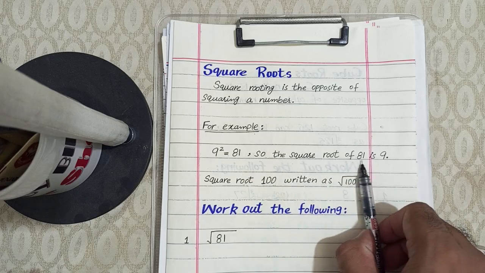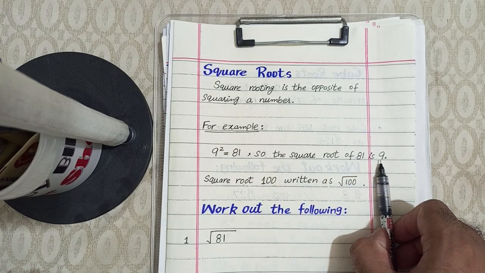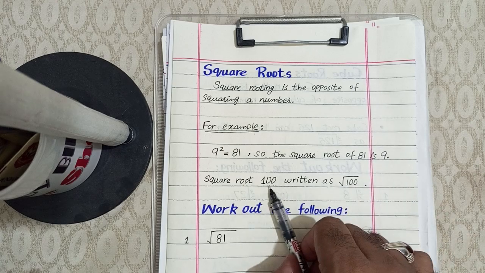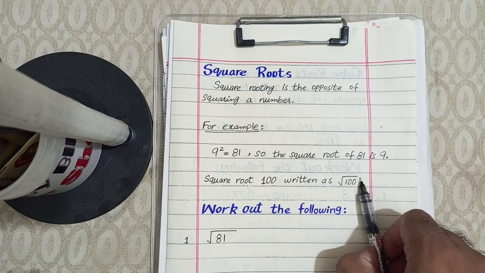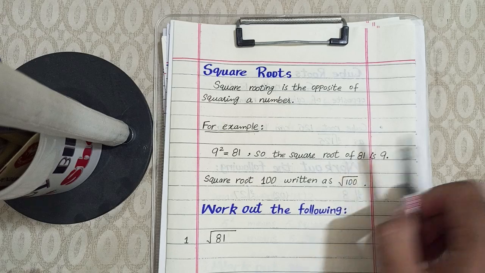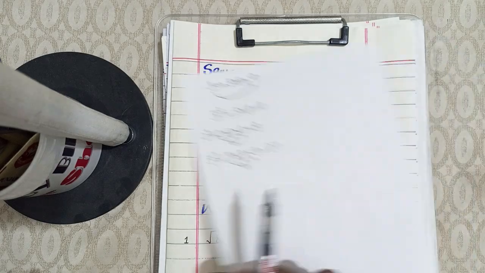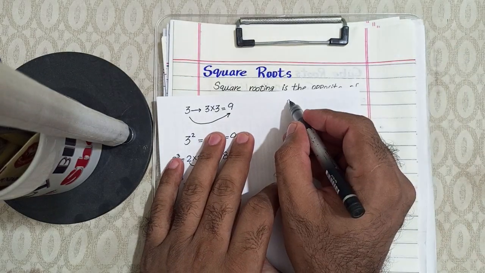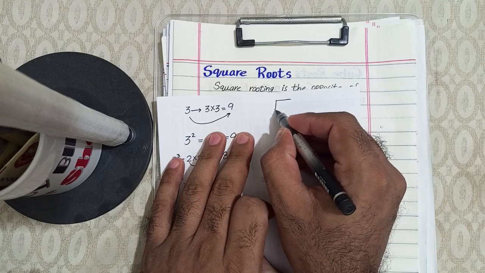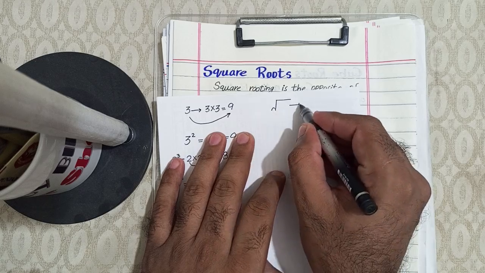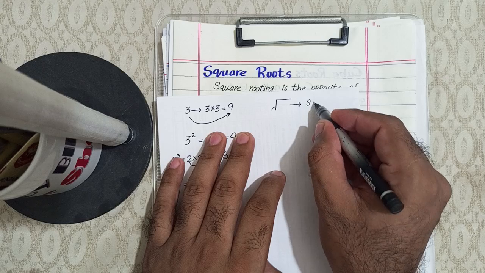So the square root of 81 is 9. Square root of 100 is written as square root 100. If we write square root of 4, this symbol is used to represent square root.